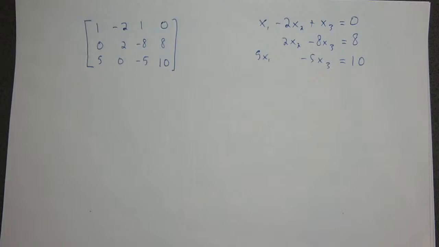Now, I want to do row operations. In the context of trying to solve a problem like this, what are the row operations actually doing? As I said last time, every single one of them corresponds to something you're allowed to do to an equation in a system of equations. So what are those things?